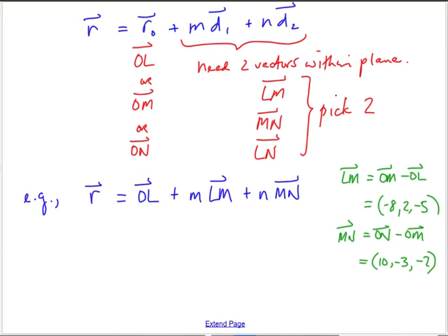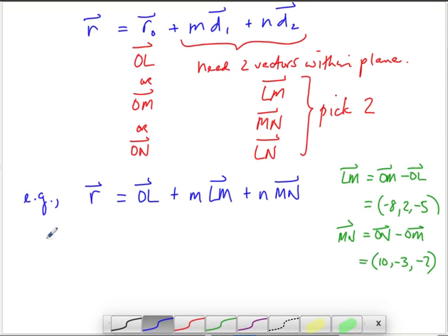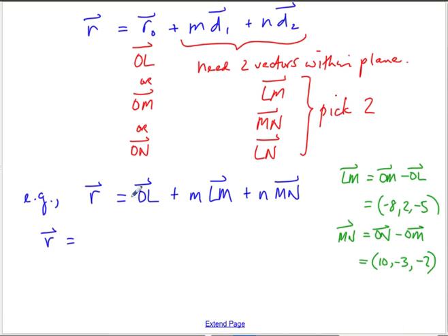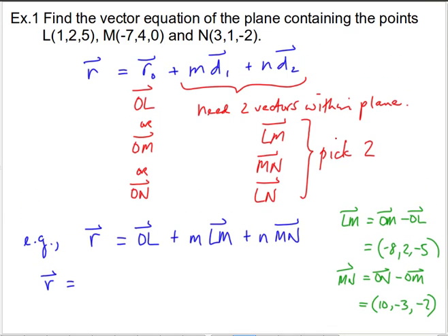And so now that I have those, I can say my vector r is equal to the vector OL, which is just the same as the point L. So that's just (1, 2, 5) plus my first scale factor times LM, which is (-8, 2, -5), plus my second scale factor times my second direction vector, which is (10, -3, -2).